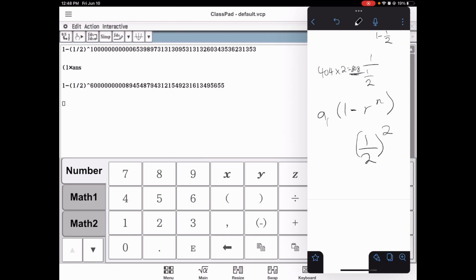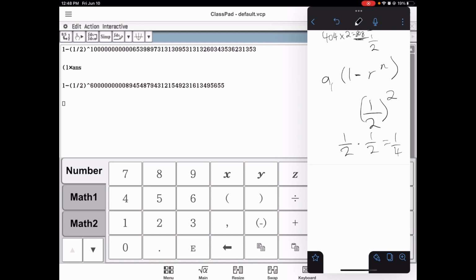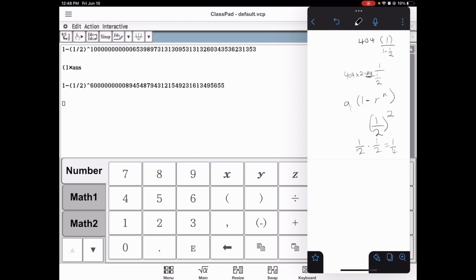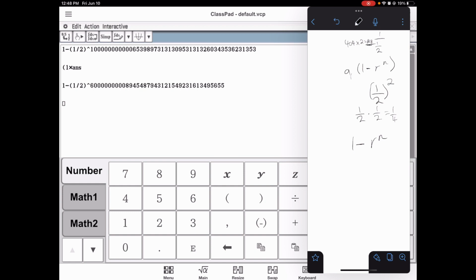So what I'm saying is that 1/2 raised to the power of 2 is just 1/4. Now 1/2 raised to the power of a number like 6 million or 8 million or anything will be less than 1, meaning r to the n will increasingly go closer and closer to 0.